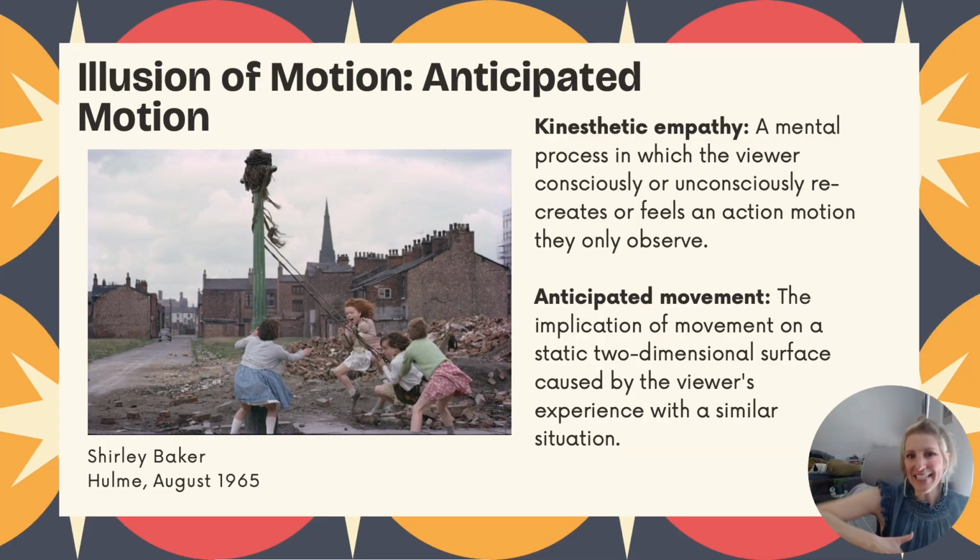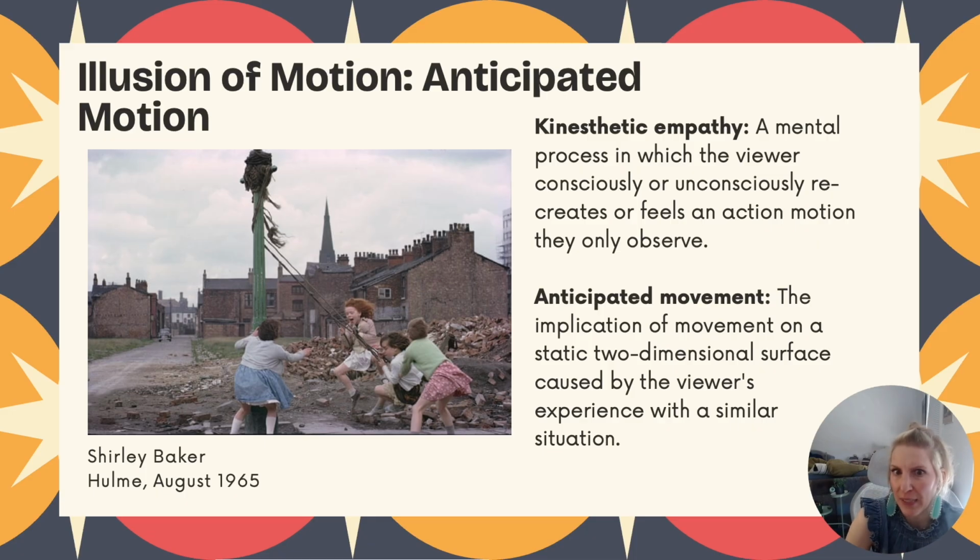We also have anticipated motion. So this is where we start to think about how kinesthetic empathy is employed in two dimensions. Kinesthetic empathy is a mental process in which the viewer consciously or unconsciously recreates or feels an action or motion that they only observe. It's almost like a physiological response, right?